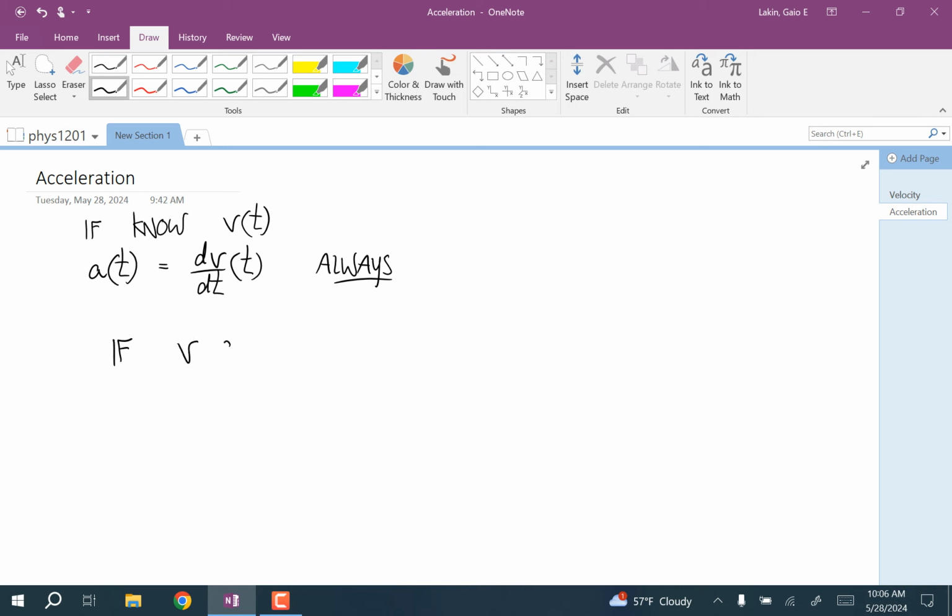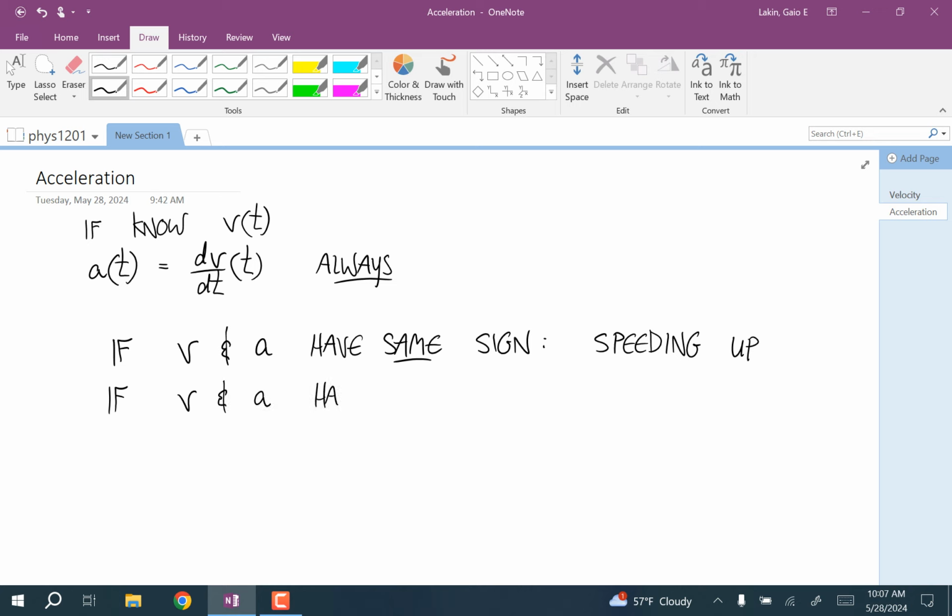If the velocity and acceleration have the same sign, then the object is speeding up. And if, on the other hand, the velocity and acceleration have opposite signs, then it's slowing down.